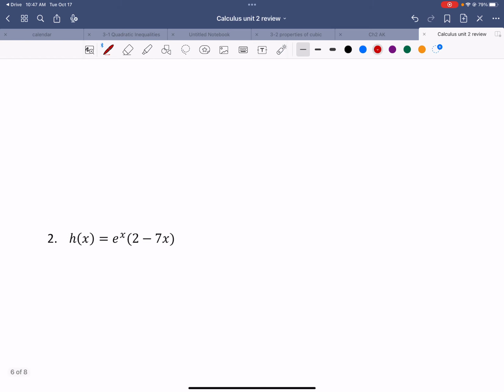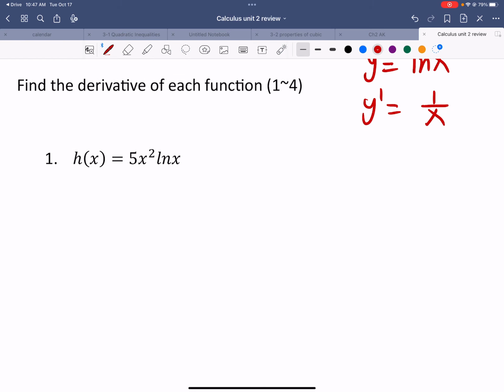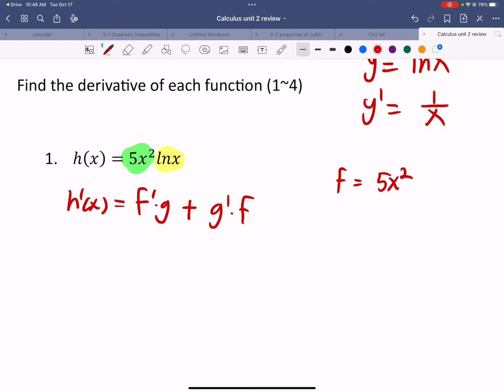So I will just go over question number 1. This one has two parts multiplied together. And I hope you remember this. h prime of x is equal to, do you remember this? It's going to be f prime times g plus g prime times f. Although I never do it like this, but I believe for some people it helps. So f of x is 5x squared. F prime is going to be 10x.